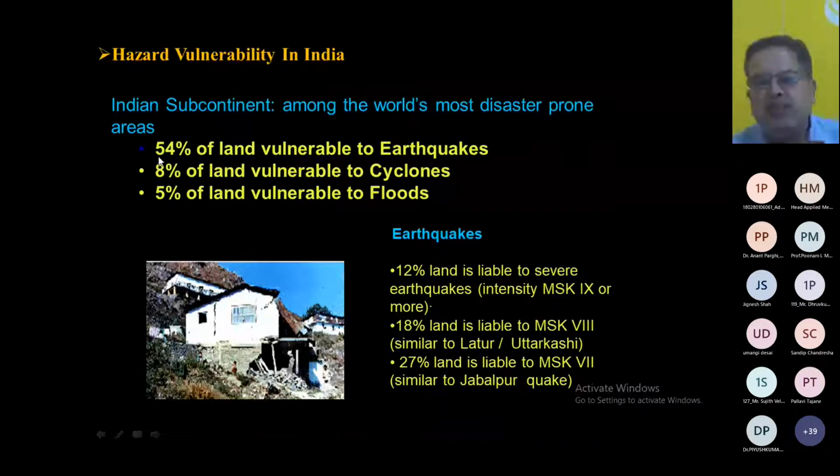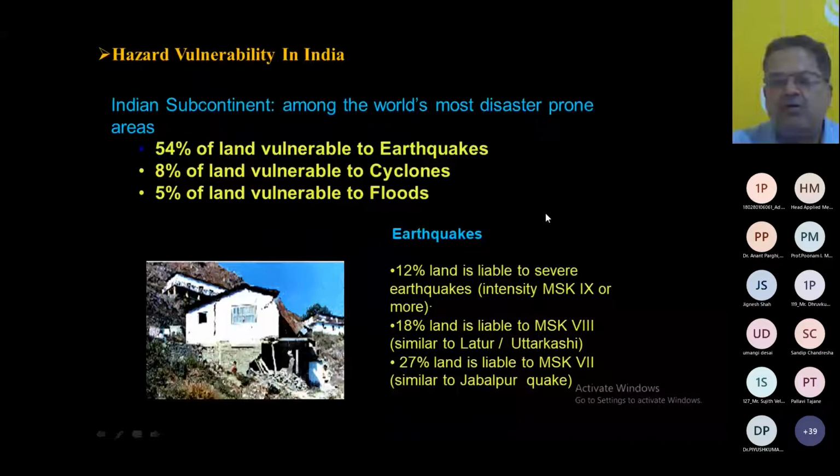If I am talking about earthquakes, then 12% of land is liable to severe earthquakes. Severe earthquakes means zone 5. These zones are susceptible to intensity 9 and above. These are the expected intensities in these zones.